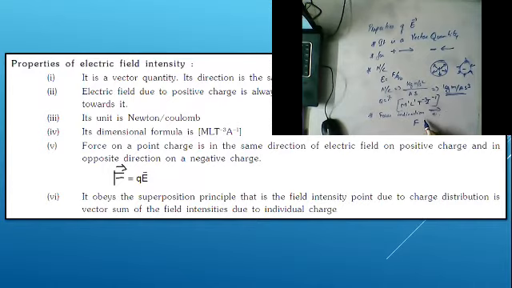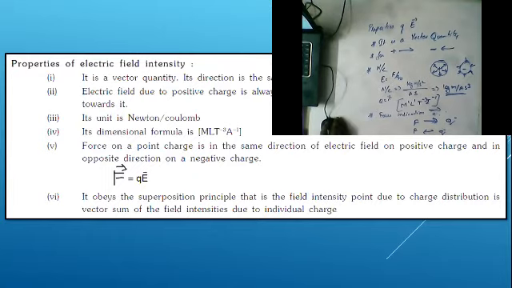The direction of the force exerted by the charge will be in the same direction as that of the positive charge, and for a negative charge the force will be in reverse, or opposite.